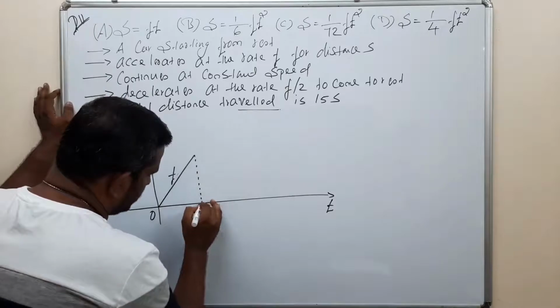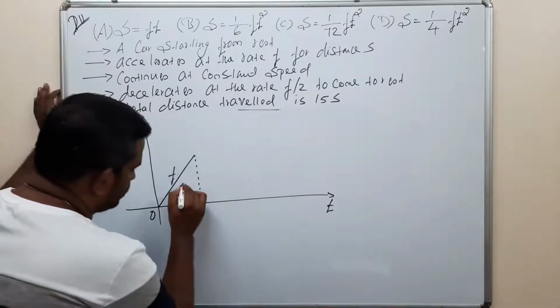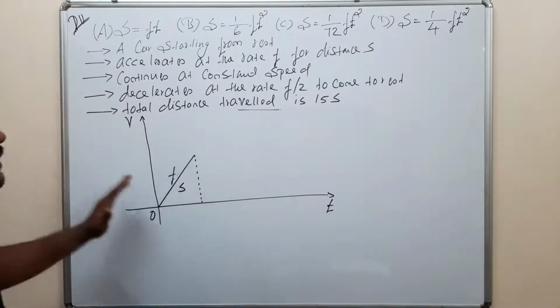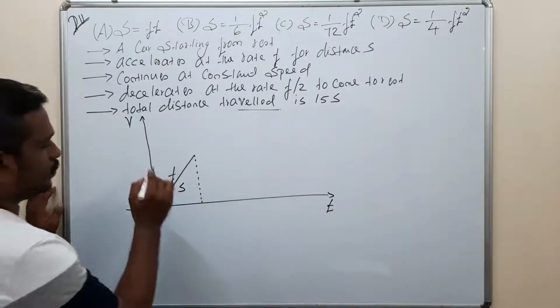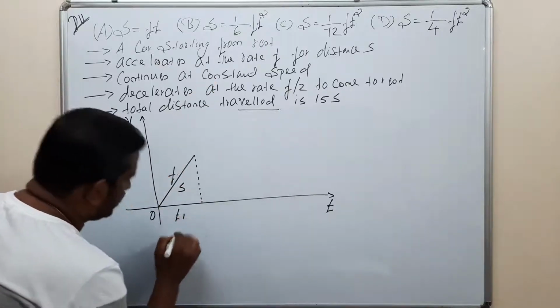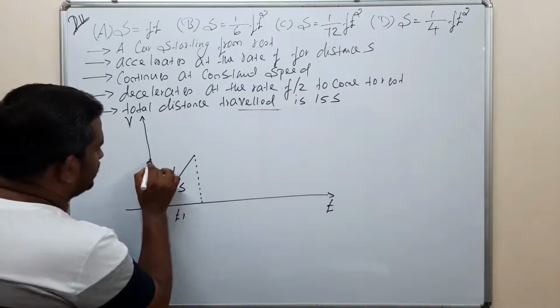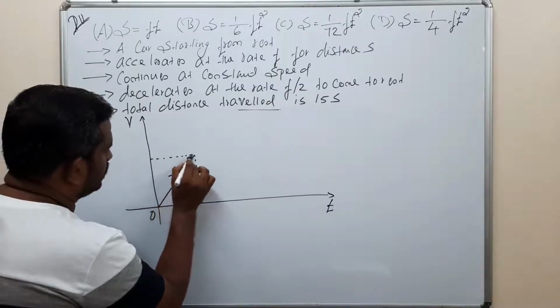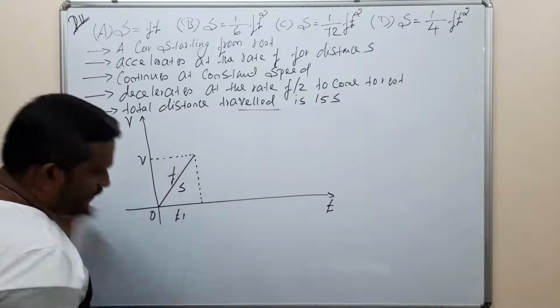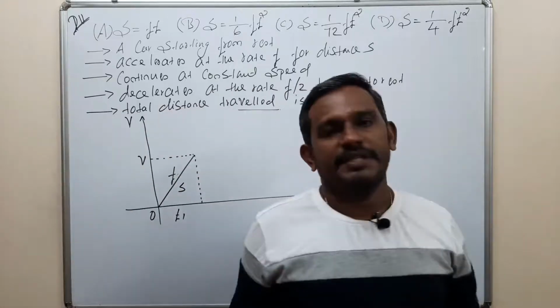The area under the velocity time graph is the distance the car has moved. After time t1 it reaches a constant speed v.